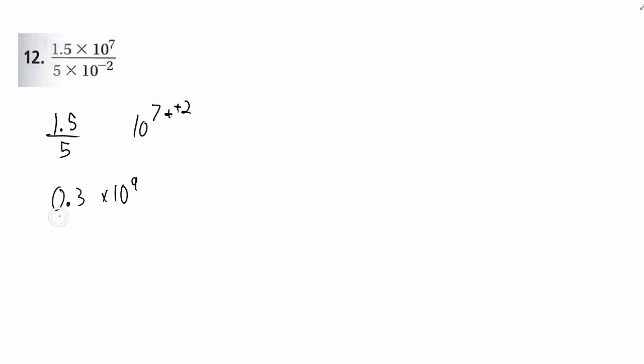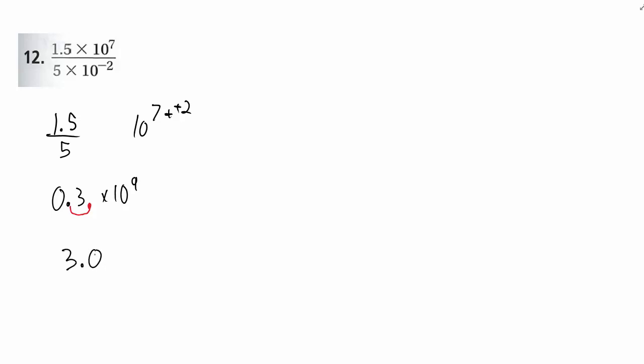Now, once again, even though this value is correct, in scientific notation we want the decimal after the first non-zero number. So we don't want the decimal after a 0. We shouldn't have 0.3. We should have 3.0.